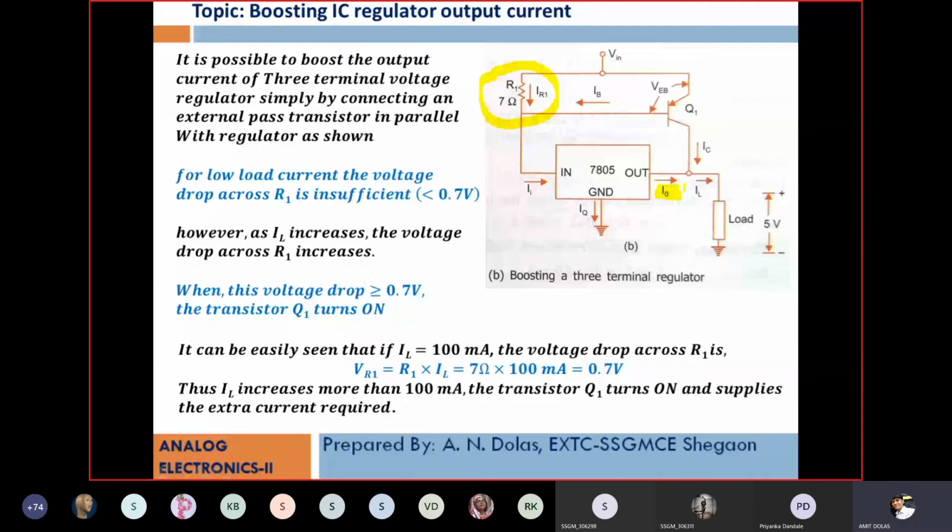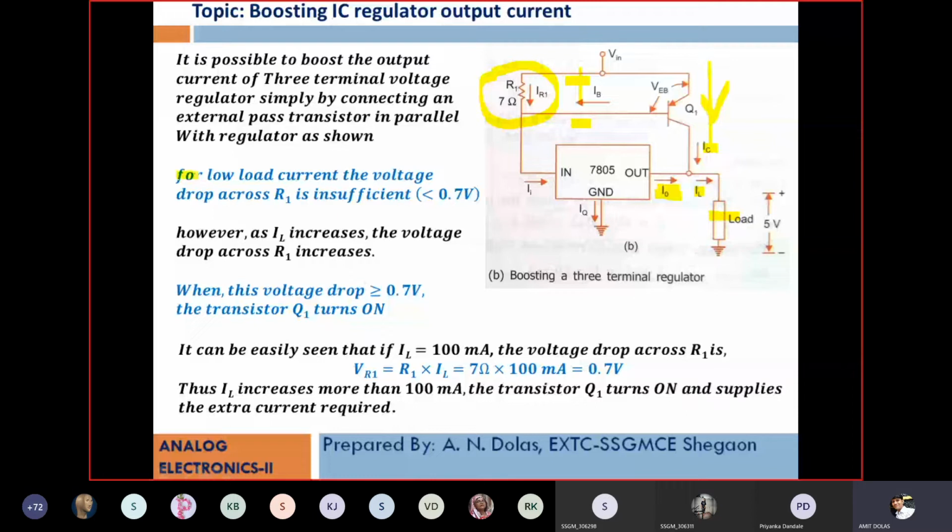But once the current demanded by the load, that is IL, increases, then a sufficient drop will be generated across resistance R1, which will turn on the transistor and additional current is supplied to the load in terms of collector current IC. So this is how it boosts the current to the load.